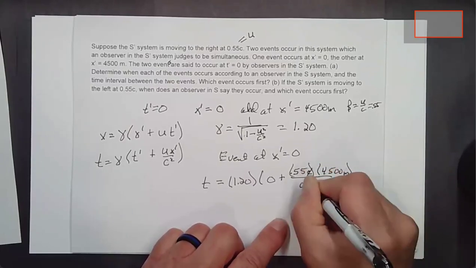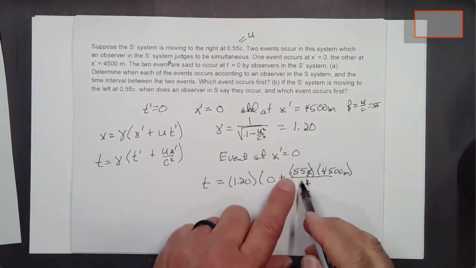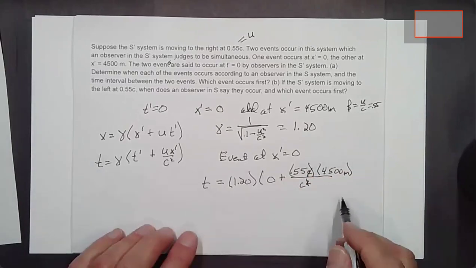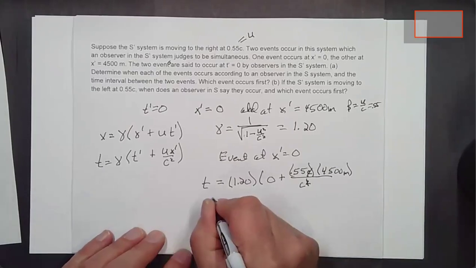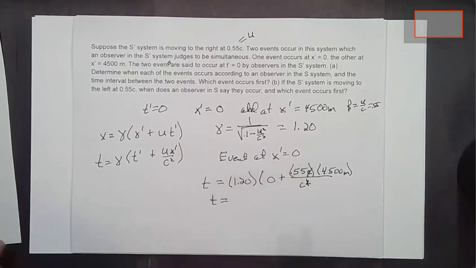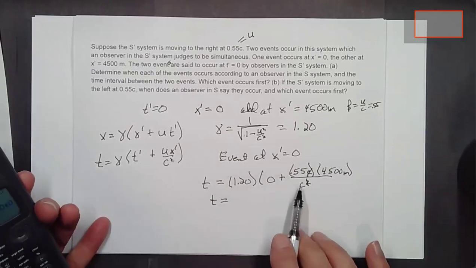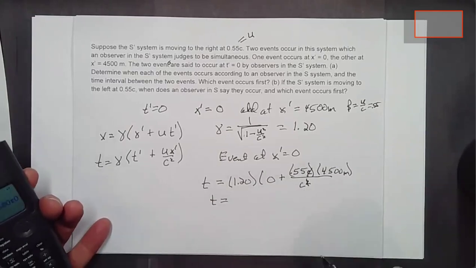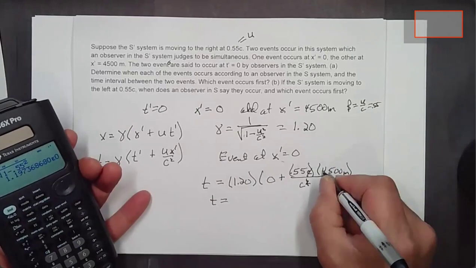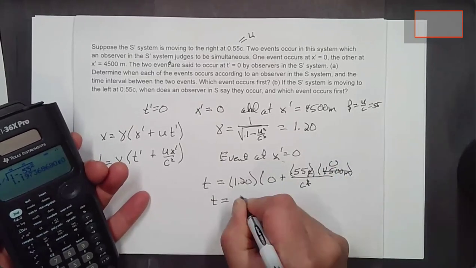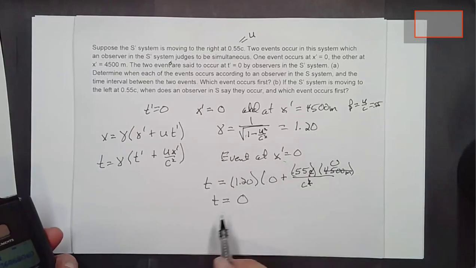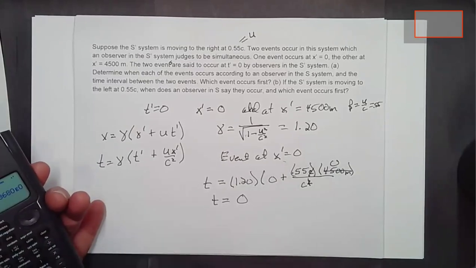Okay, well, one of the c's divides out, so I'll just have 0.55 times 4,500 over c. The time in the unprimed coordinate system for that event. Whoops, this was the event at x equals 0, so this is 0. Time is also 0. Okay, they both agree about that one that happens at the origin.